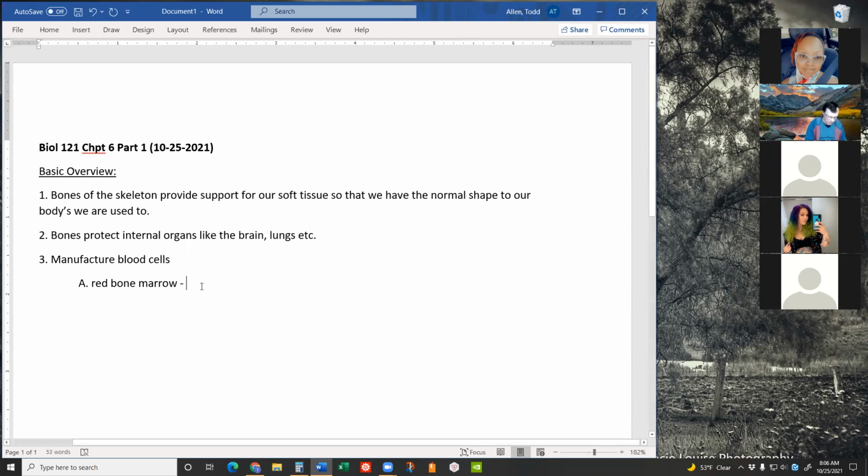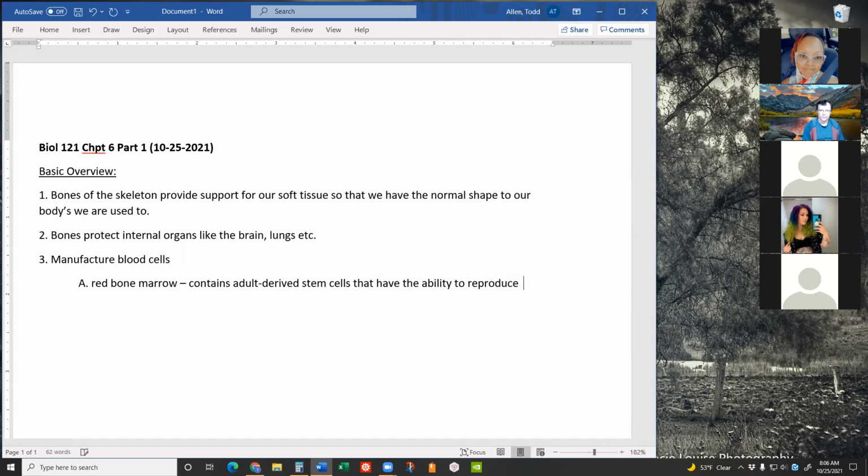So red bone marrow contains adult-derived stem cells that have the ability to reproduce and manufacture red blood cells.